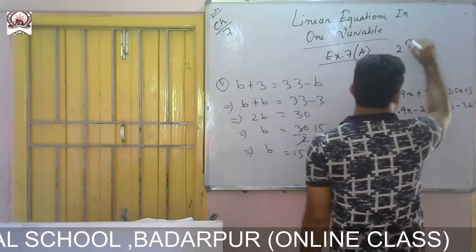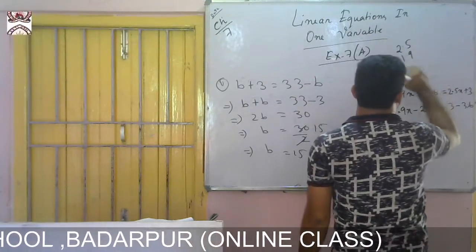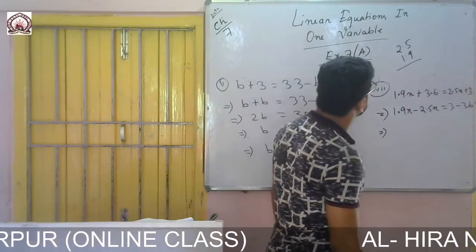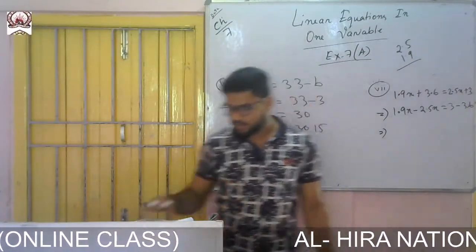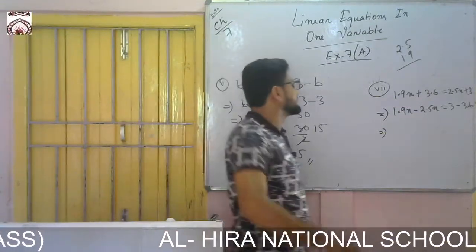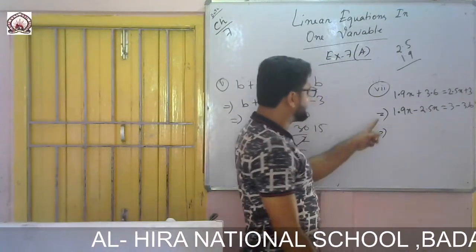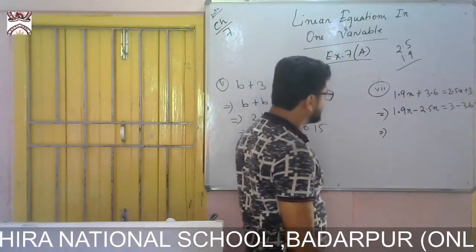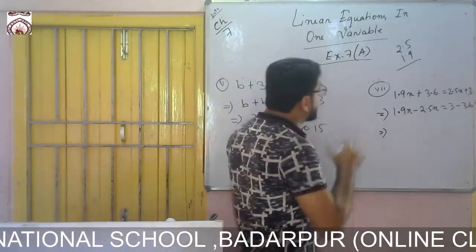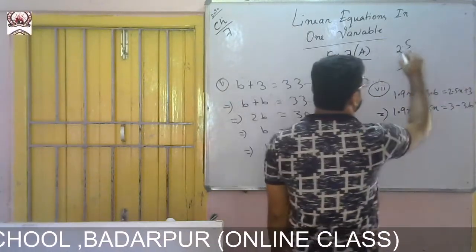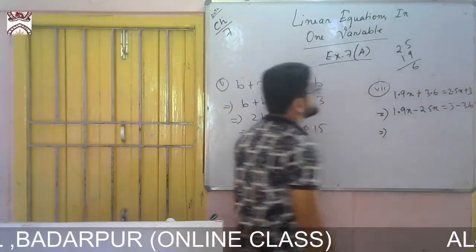So 2.5 minus 1.9, so 15 minus 9, it is 6.